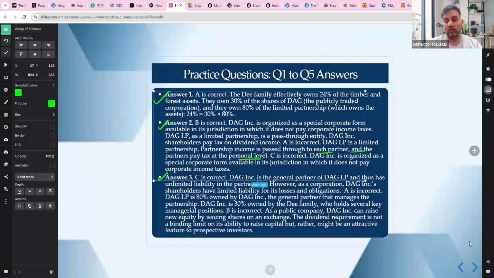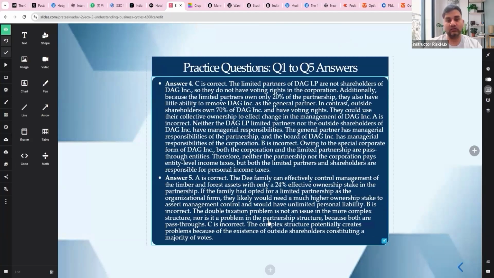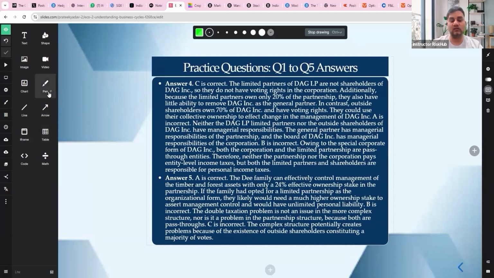And then you go to the next question, which is two questions which are there. Then we have question number 4, where I told you that limited partners of DAG LP are not shareholders of DAG Inc. They don't have voting rights in the corporation. And question number 5, the D family can effectively control management of the timber and forest asset with only 24% ownership, right?